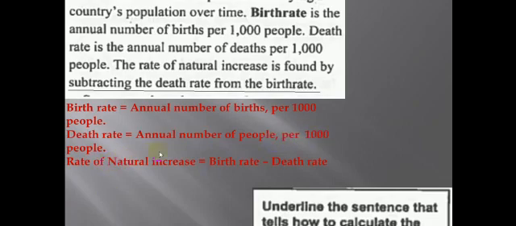The same idea: we will wait for 1 year and calculate everybody who has died in this year, and that's the death rate. If we want to know the rate of natural increase, it will be birth rate minus death rate, and we will calculate it and know exactly what the rate of natural increase is. We know now how to calculate the rate of natural increase.